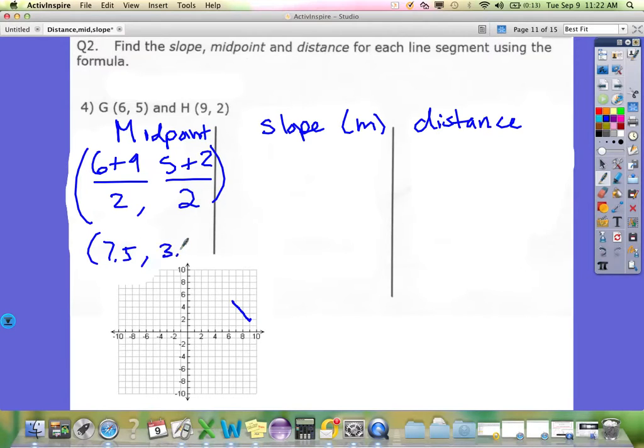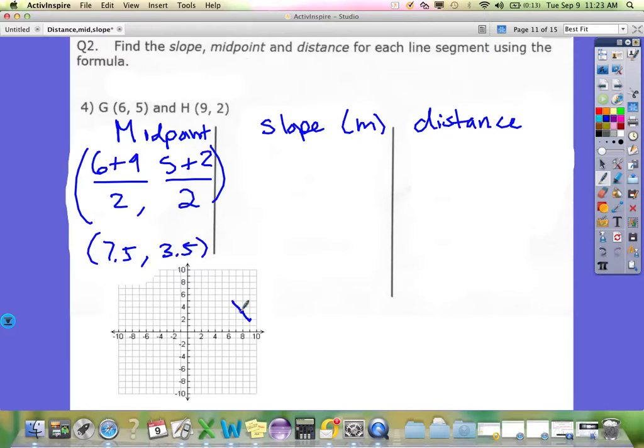I don't care. Same thing. And I can see if I go over 7 and a half, right here, and up 3 and a half, that looks like my midpoint. So that's right. If I even just mix these around, 3 and a half, 7 and a half, I can tell that that's not the midpoint.